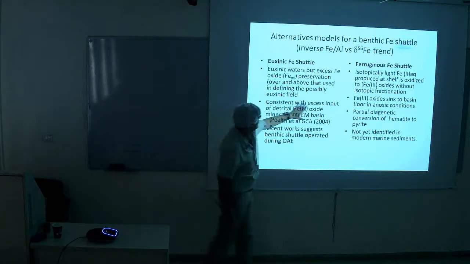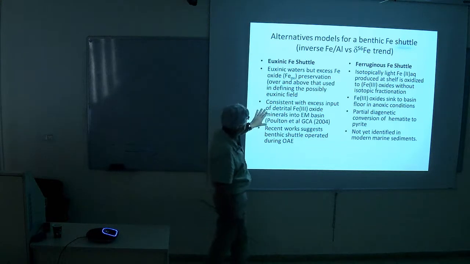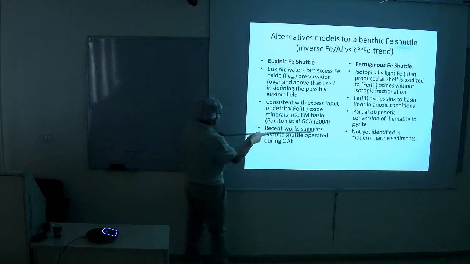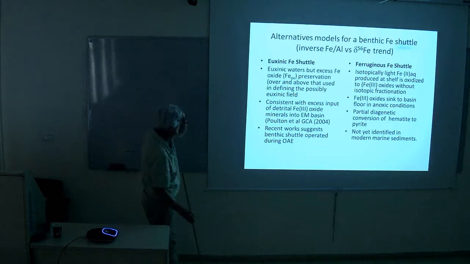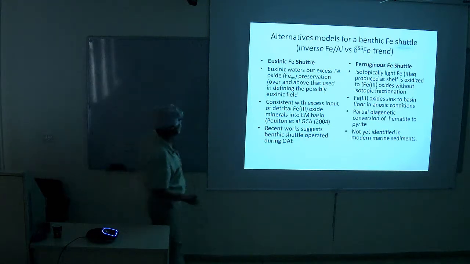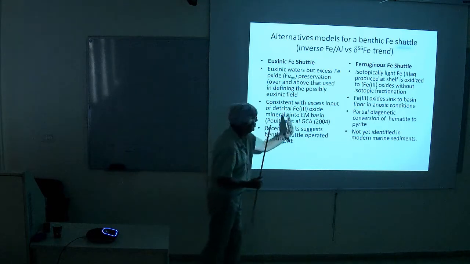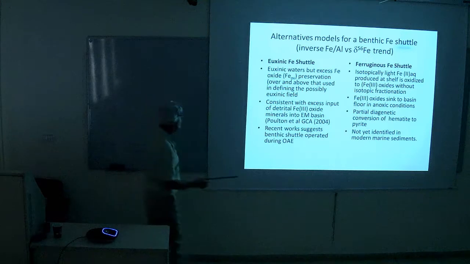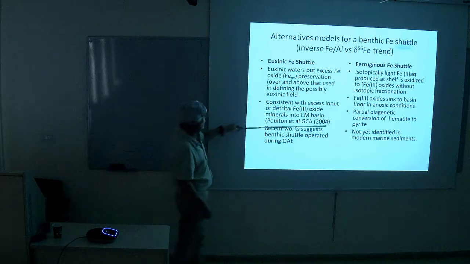This is consistent with excess input of detrital iron oxides into the basin. And this was already shown by Bolton and Dow in the paper in Geochemical. There's a lot of extra iron getting into the Eastern Mediterranean. And this will give us this shift to slightly more iron composition. And there are a lot of other works that I could quote.